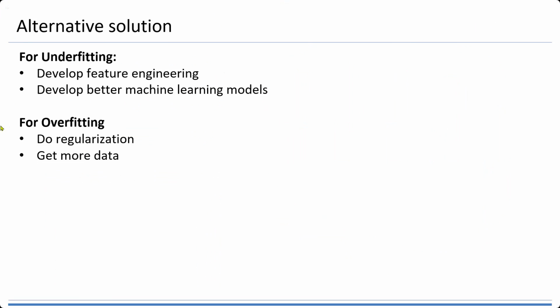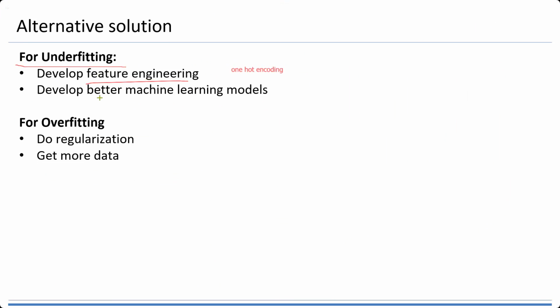For underfitting, if your model is underfitting, it means you need to develop feature engineering. So you need to think about what the best features are for your data. Maybe one hot encoding is not enough, and maybe you need to have other features.